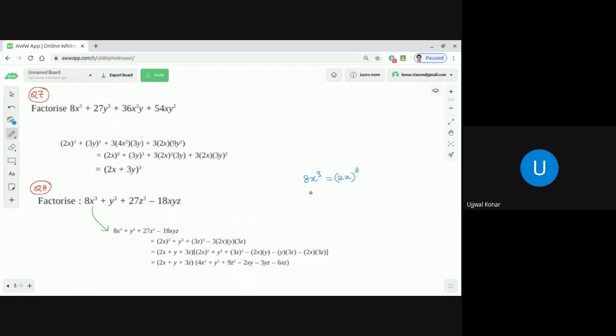Then you write 27z cube, it is 3z whole cube, right? Similarly, if you get 64t cube in future, 4t whole cube, like this should be your thought process. I hope you are able to get the rest of the things. Yes, sir, I understood that. Okay, great.